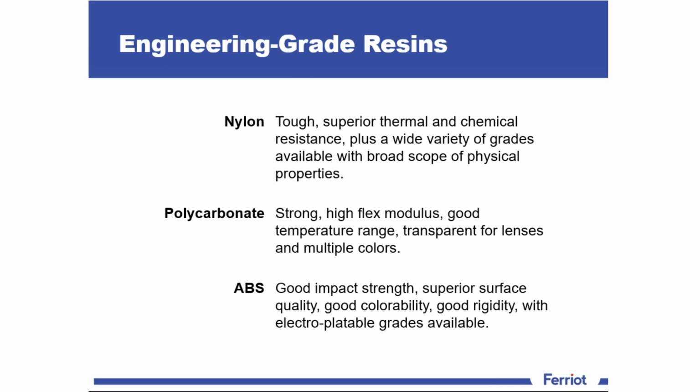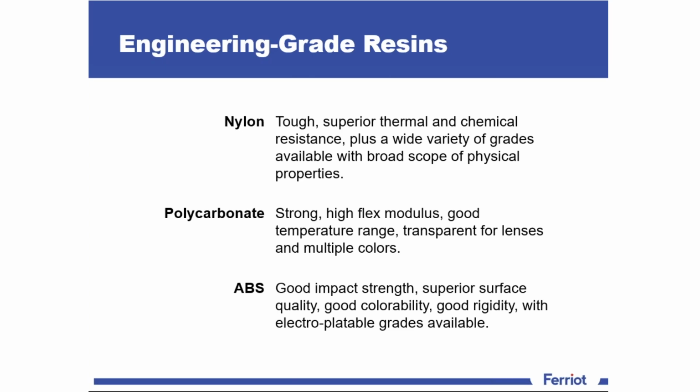Thermoplastic resins come in two basic classes. There's engineering grade resins, and then there's commodity resins. Engineering grade resins, such as nylon. Nylon is tough, with superior thermal and chemical resistance, plus a wide variety of grades available with a broad scope of physical properties. Another is polycarbonate.